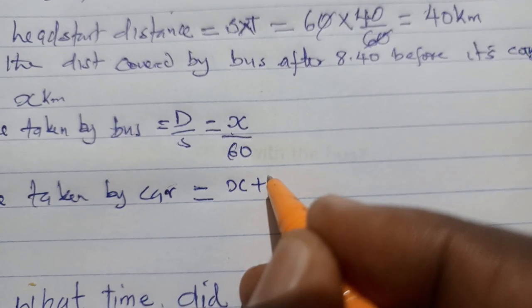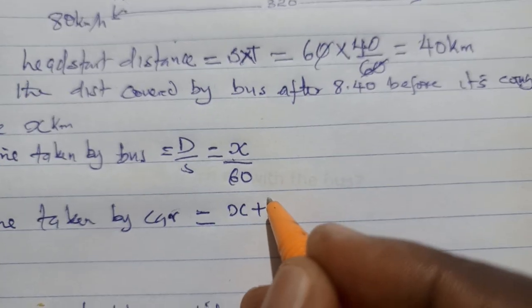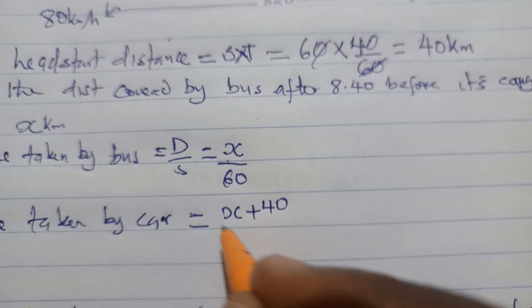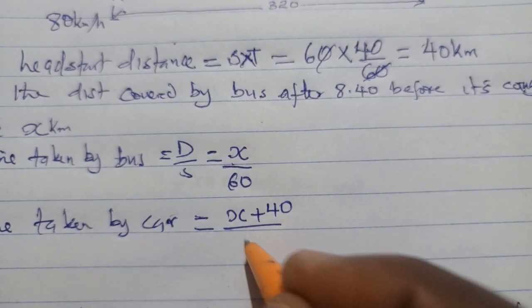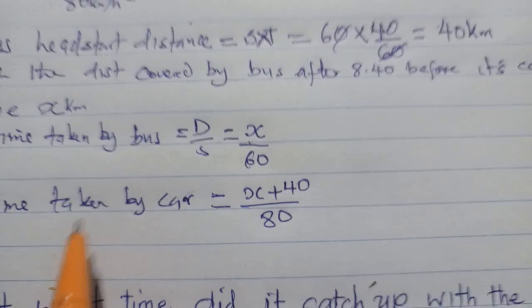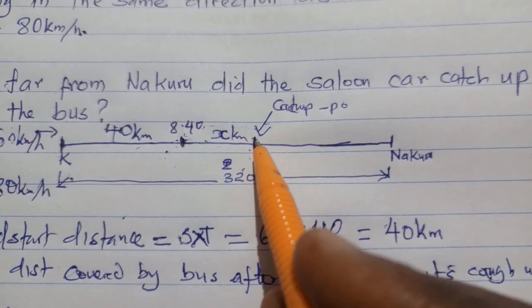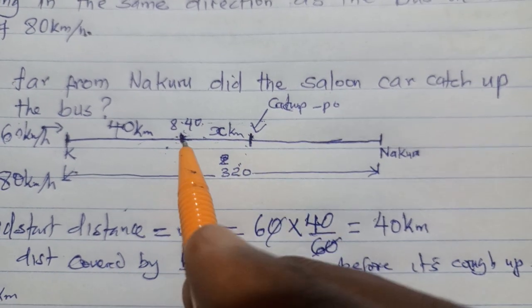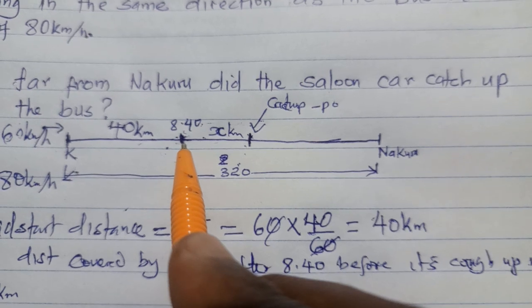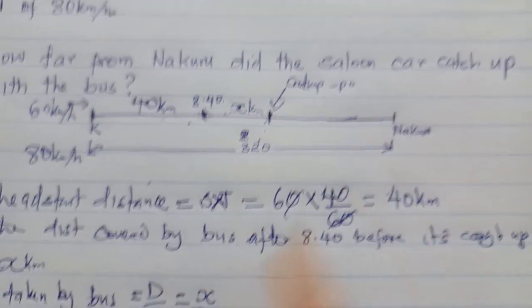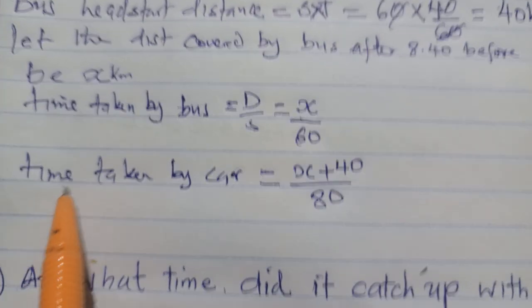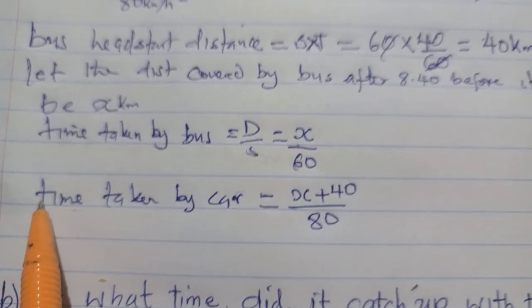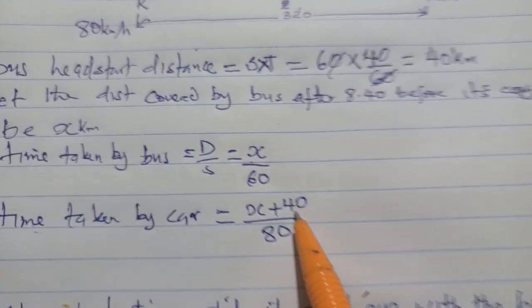So it will be x plus 40 over 80. Remember, they will be at the meeting point or the catch-up point together. So the time taken by the bus over this distance x is the same as the time that the car takes from the starting point, Kisumu, up to the catch-up point.